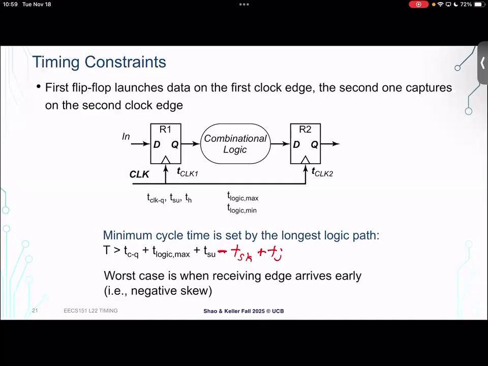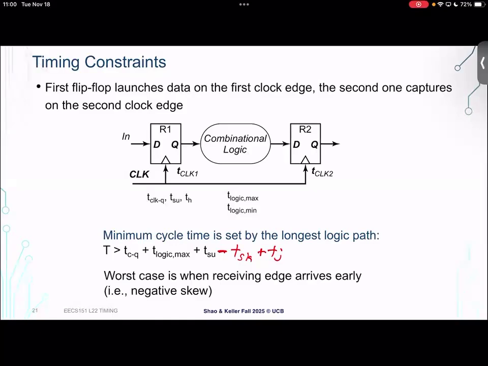Are skew and jitter something that you just test for or you calculate? You can do analysis of skew and jitter pre-tape out in the same way that you analyze other timing paths in your design. Yeah, we won't talk in detail about how you would do that. I think for now, just know that they do impact your timing calculations.